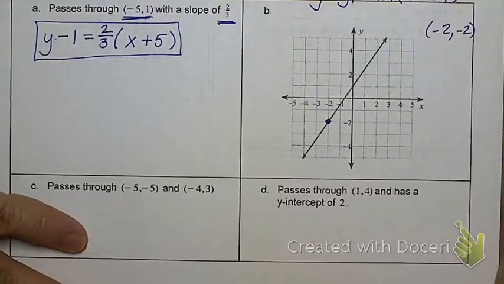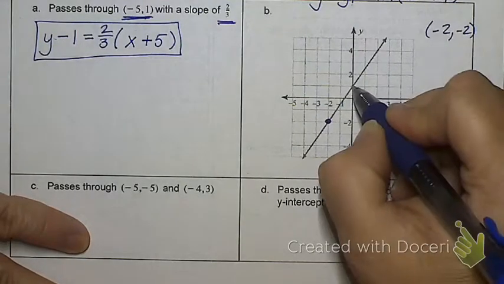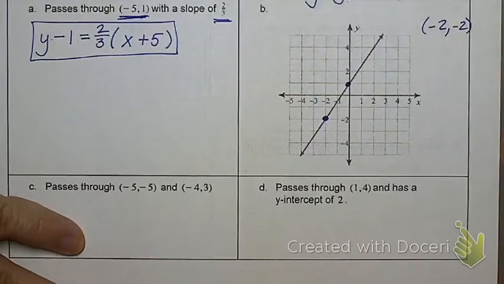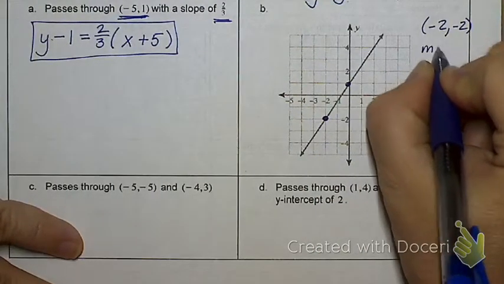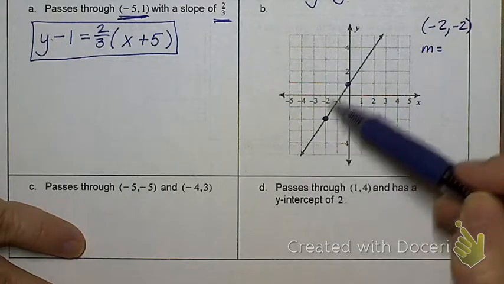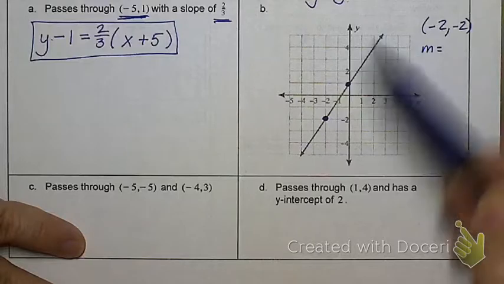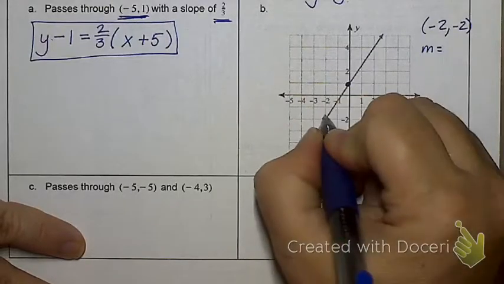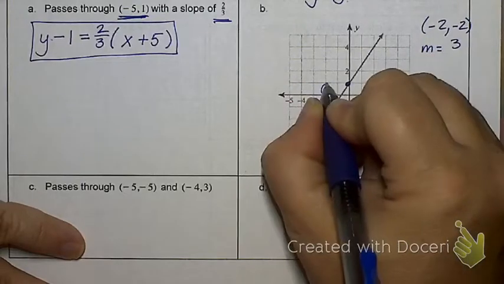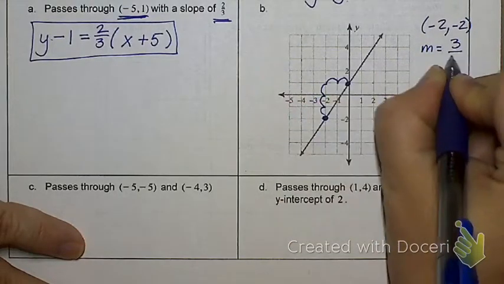So, I do need to find the slope, so I need to find another point. And if I use this point, do I have a positive slope or a negative slope? How do I know? It's a positive slope because I'm going uphill, right? It's going up. So the rise part, 1, 2, 3. And the run part, 2.